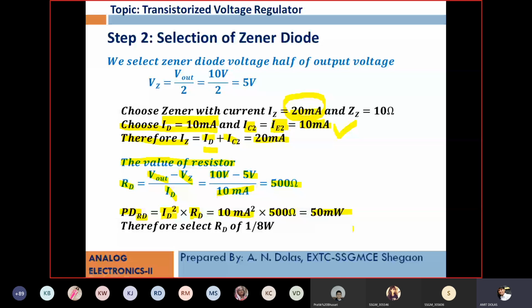So 50 milliwatt is less than quarter watt or half quarter watt. 1 watt, then half watt is 500 milliwatt, quarter watt is 250 milliwatt, and half quarter watt is 125 milliwatt. So 50 milliwatt is very much less than 125 milliwatt. So we can choose resistance RD with value of 500 ohm and half quarter watt, that is 1 by 8 watt value, and that would of course be a proper value.